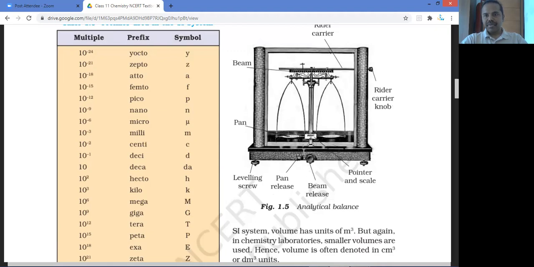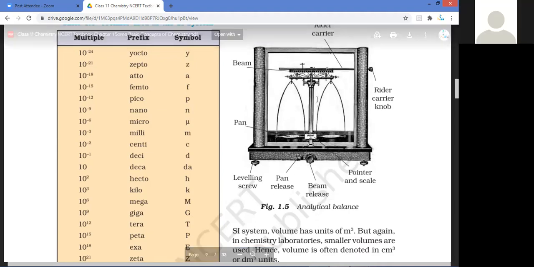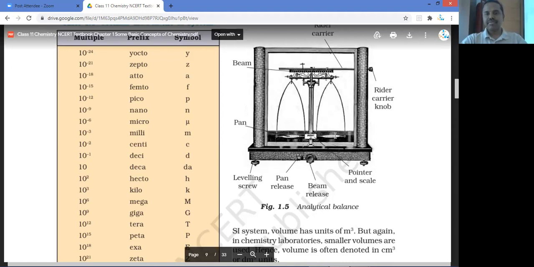The beam has to be fixed before you put the weights. And then there's a rider carrier knob. What rides on this? Does it help you tighten it or loosen it?